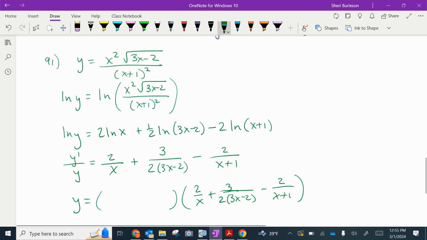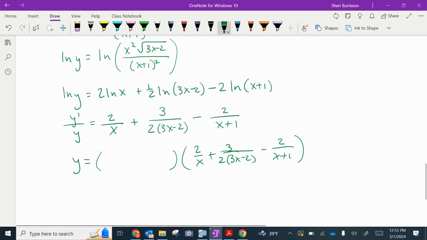And y was x squared times the square root of 3x minus 2 over x plus 1 quantity squared. Did I get that right? Oh, y prime. Thank you. Yep. I said y prime, but then I said multiply by y, and so my brain stopped.